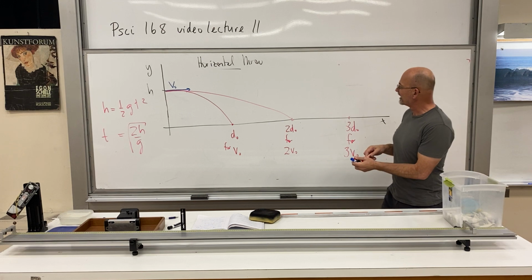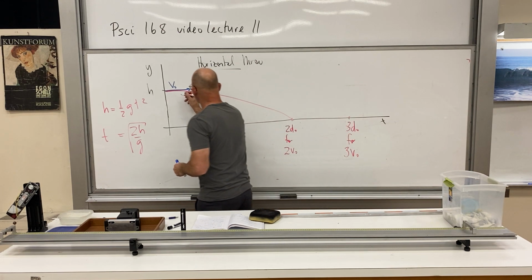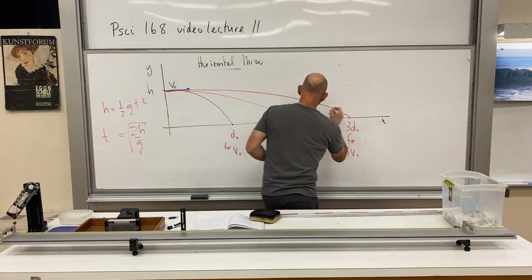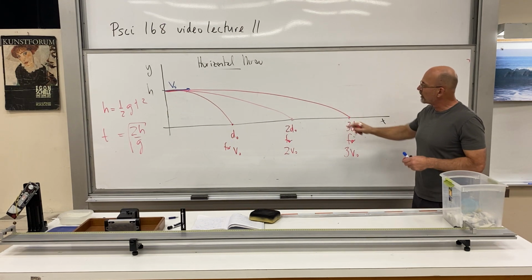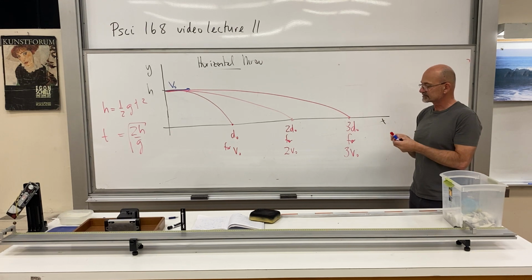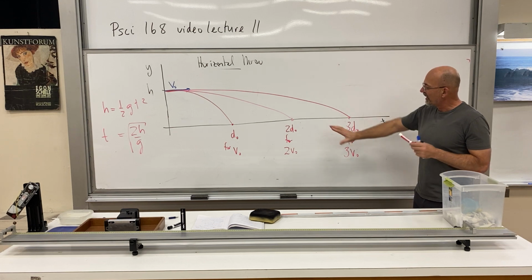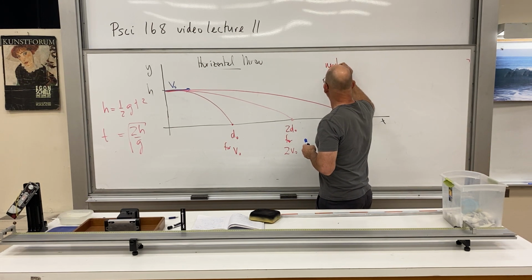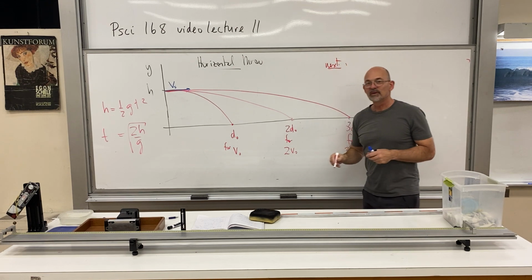And I'll draw my last 3v0 here, and I'm going to make my point. As long as there's no friction, I could throw it 10 times as fast and it would go 10 times as far. So make a good note of this. Next. Can I keep doing this?